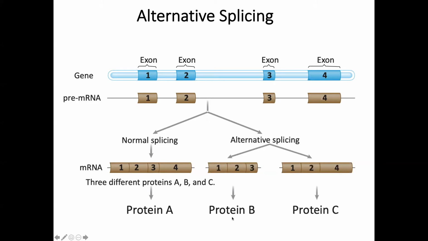For example, in protein B, exon 4 is not included, so exon 4 is removed during the splicing. And in protein C, exon 3 is missing, also removed during splicing. So different splicing produces different proteins.